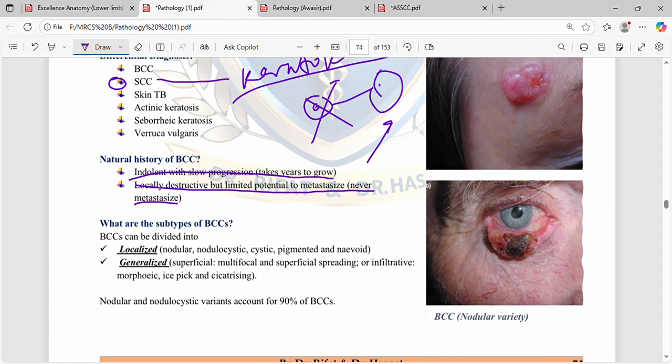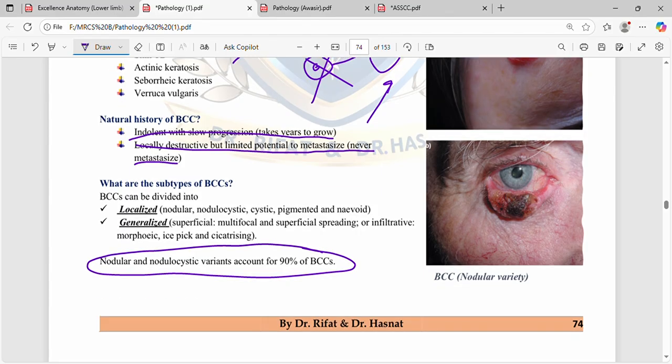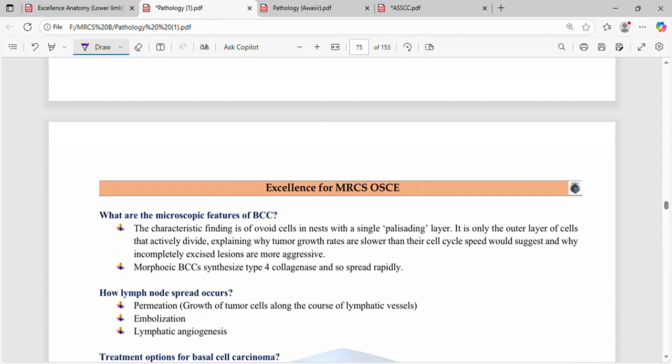So these are the different types. Nodular and cystic variants are the most common, about 90%. For example, if they ask you what is the most common type of BCC, you can say nodular and cystic, which accounts for about 90%.